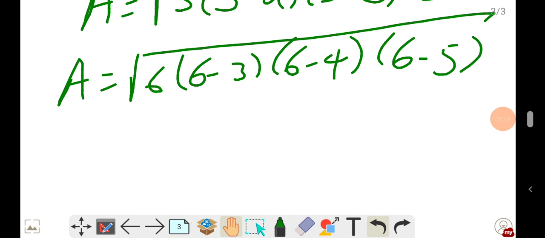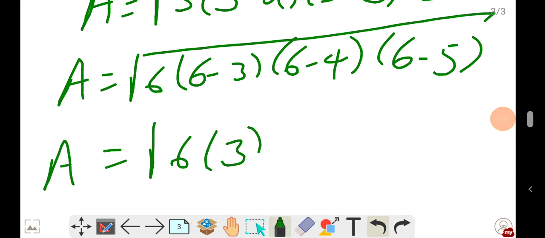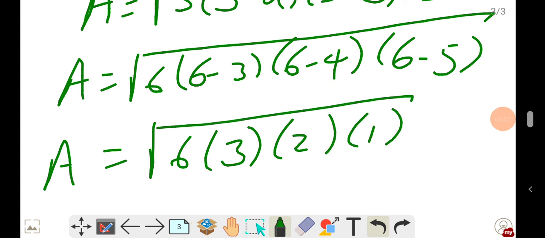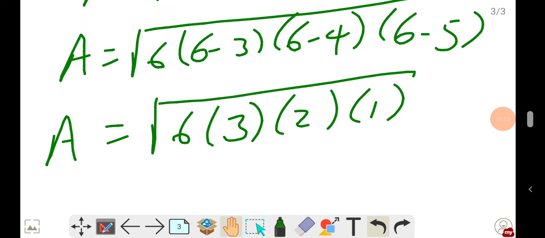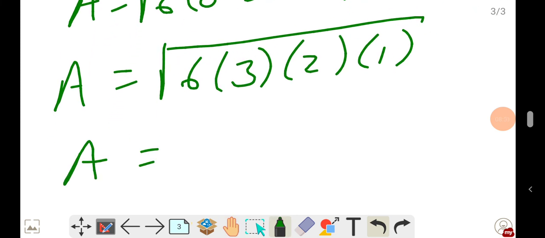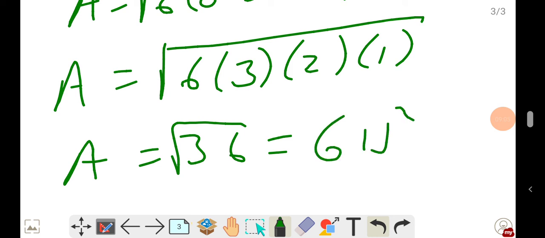So the area is the square root of 6 times 3 times 2 times 1, which is 6 times 6, 36. So the area will be the square root of 36, which is 6 units square.